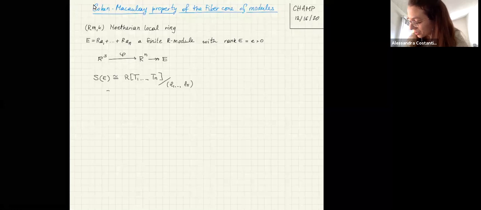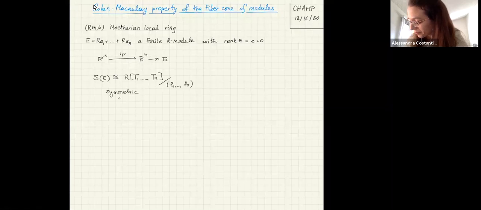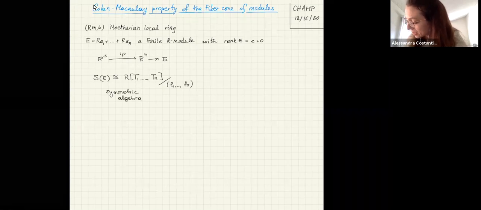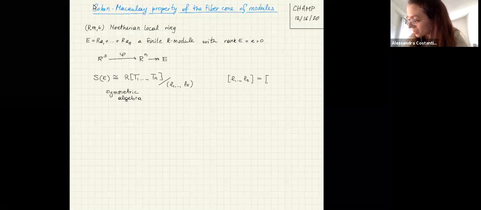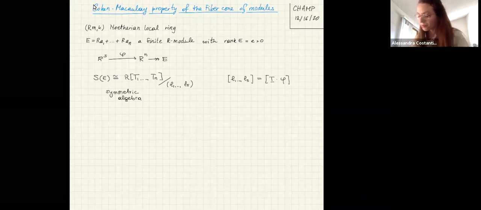So this is the symmetric algebra. And the linear forms are given by the dot product of the vector of the t variables times phi.